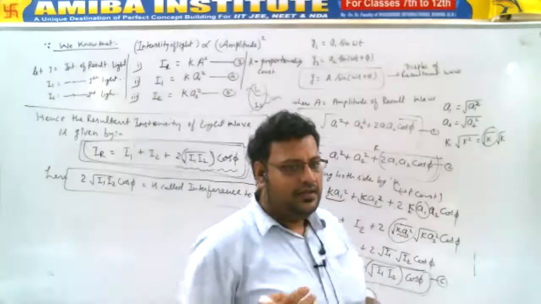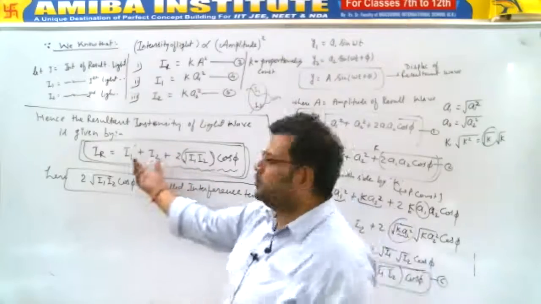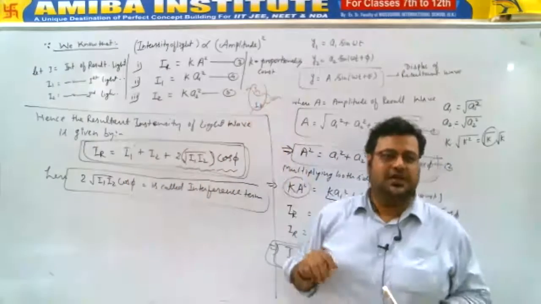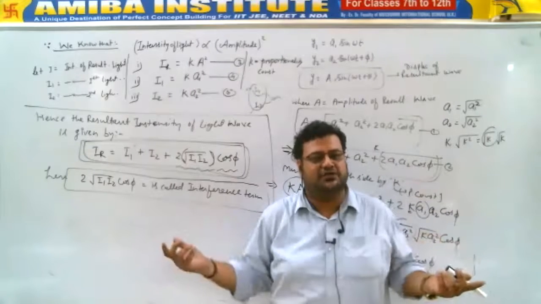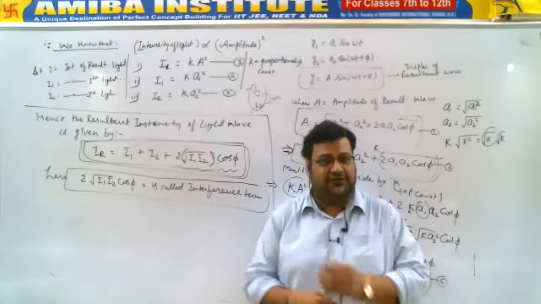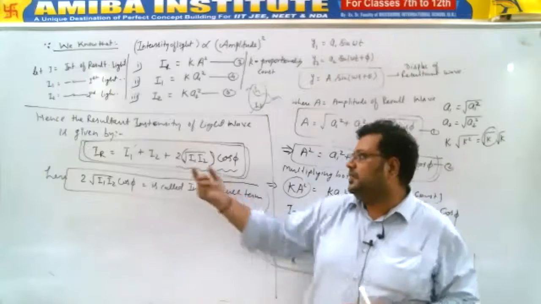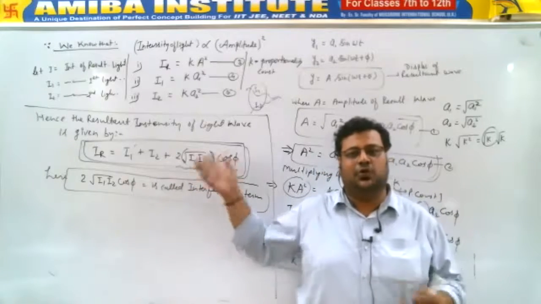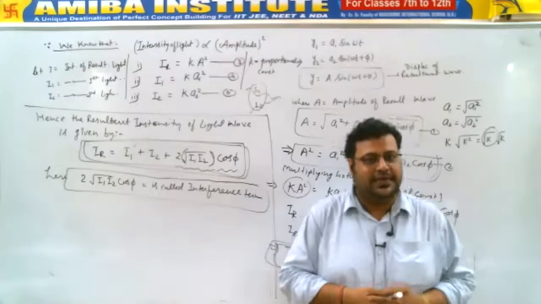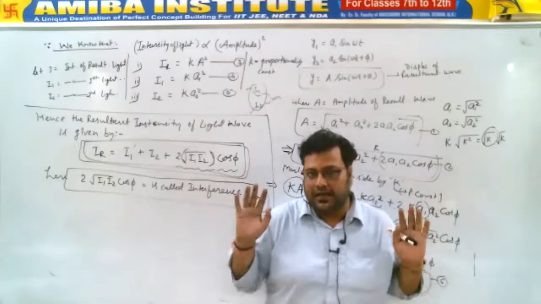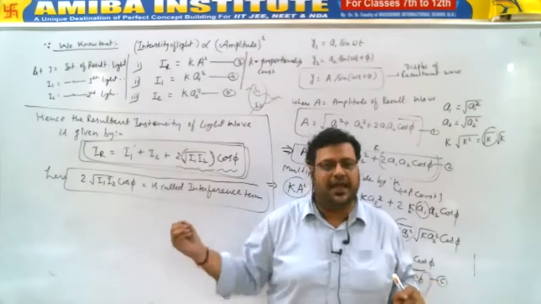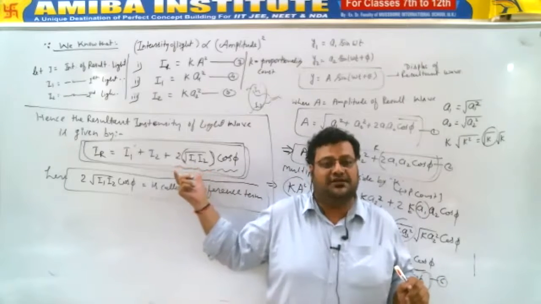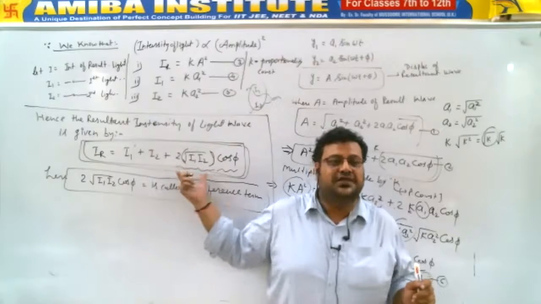In general, before superposition, the total intensity of light was I1 plus I2. General illumination was there before superposition. And if after superposition I still get I1 plus I2 only, then I'll say that no interference occurred. It means that for no interference, the main condition is that this term should disappear.